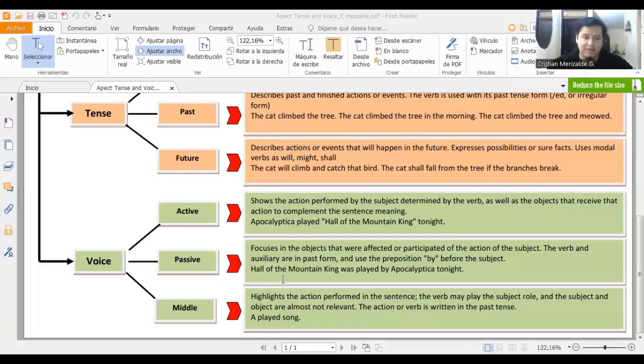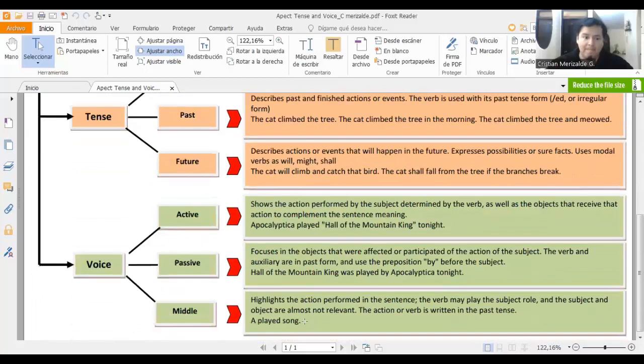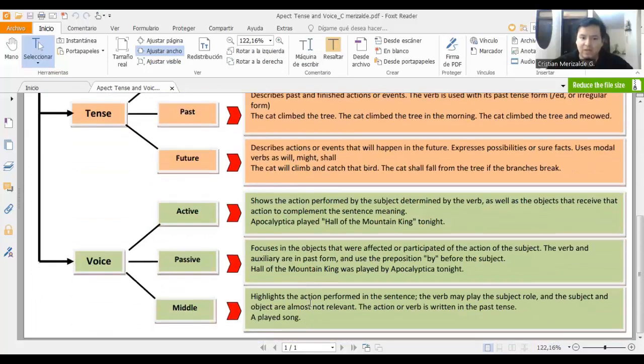We have here an example, apocalyptic place, Call of the Mountain King tonight. So we have here a sentence in the present tense with a simple aspect. But thanks to the voice, we can know the relevance of the elements inside the sentences.